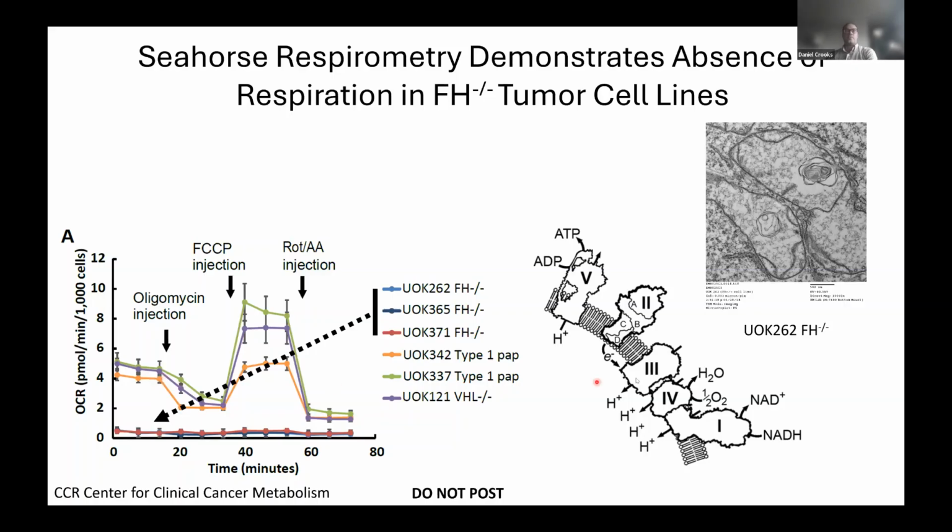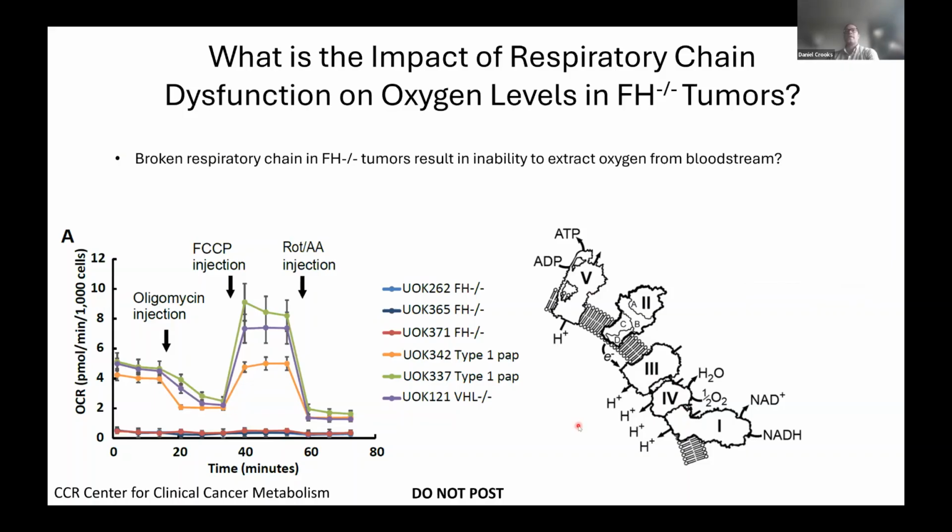So it really ties down the point that the respiratory chain is not working in our FH deficient tumors. So we wanted to ask this question: if our tumor cells have a broken respiratory chain and they're unable to extract oxygen from the bloodstream, is that something we can measure biophysically?